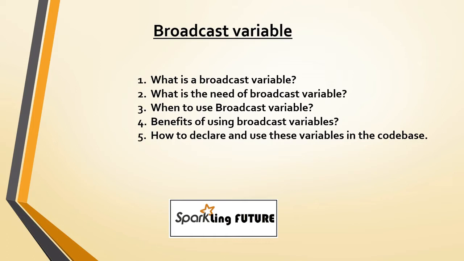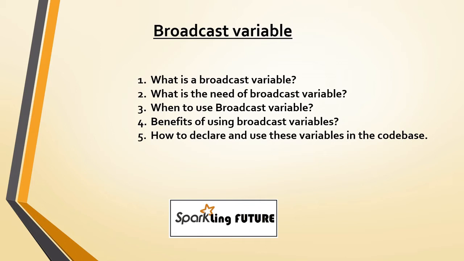Because we are copying the broadcast variable, a copy of the data will be available in each executor. So it need not go out of the partition. When the transformations are getting applied, it will happen within the partition, which will reduce the shuffle operations and ultimately improve the performance of the Spark job.